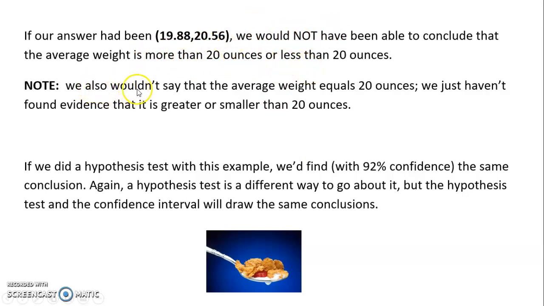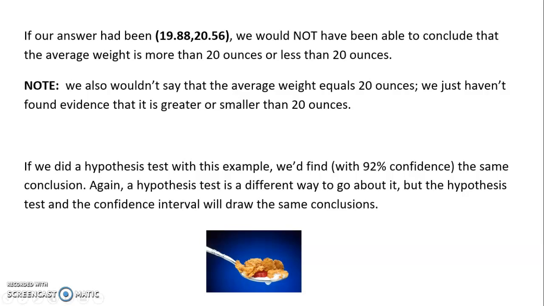Now, we wouldn't say that the average weight equaled 20. We are not allowed to say that. We're not allowed to say that it equals 20. All that we've shown is that we haven't found the evidence that it's greater or smaller than 20 ounces. So this is where you think about a criminal trial.